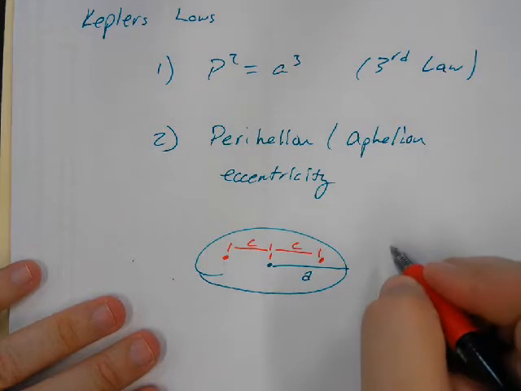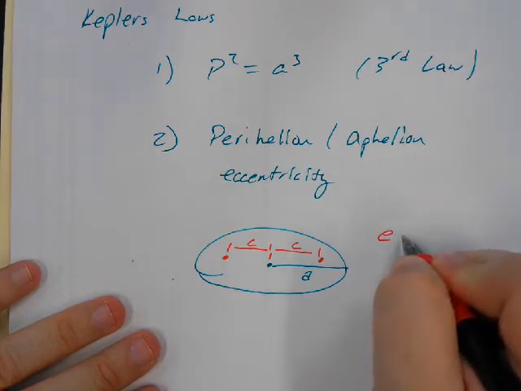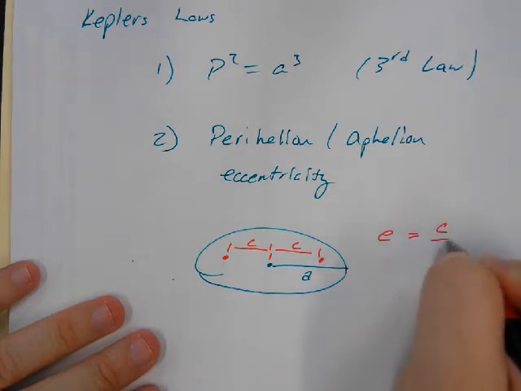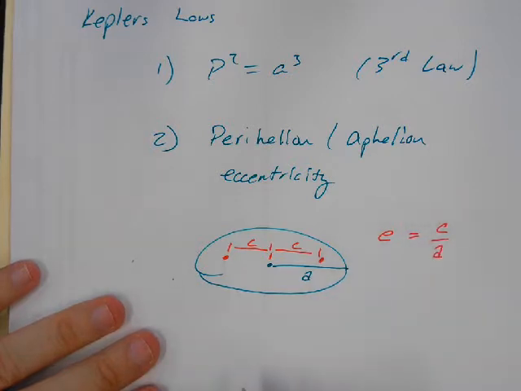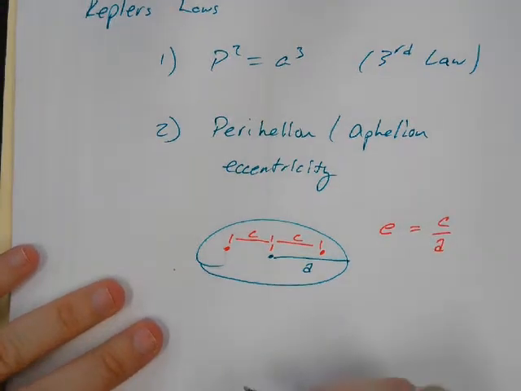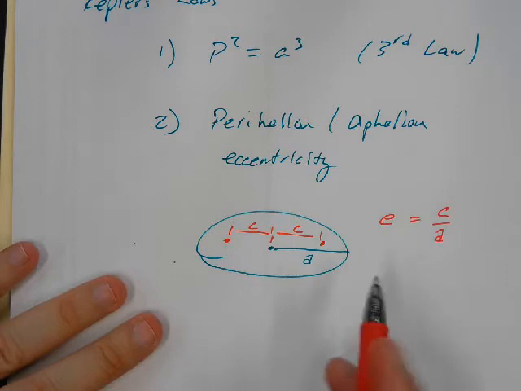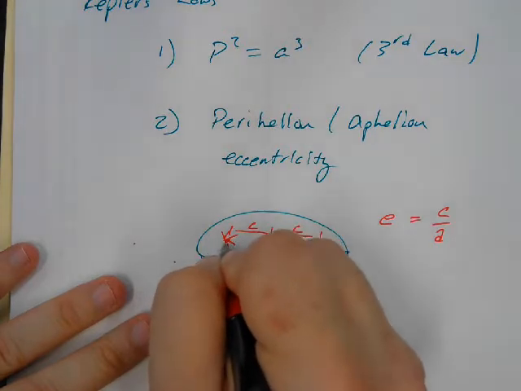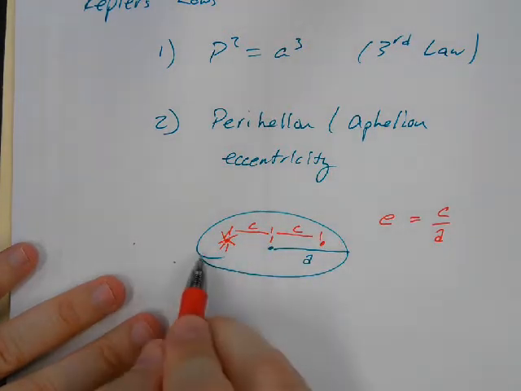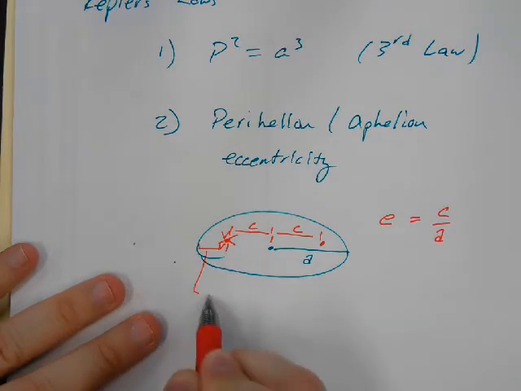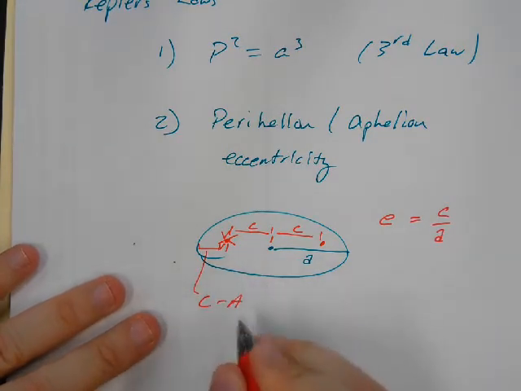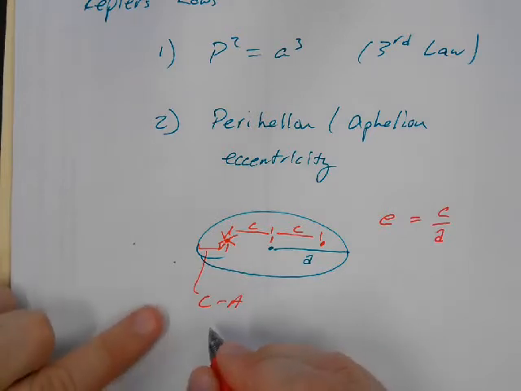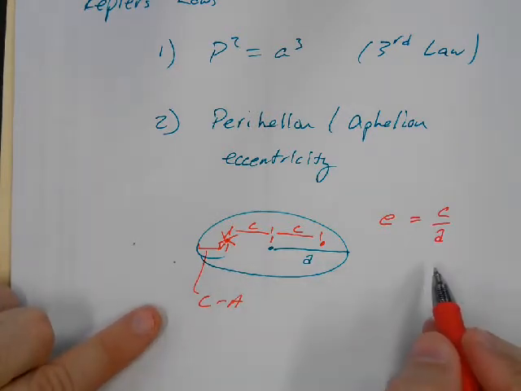So we can define the eccentricity as c over a. Now, if this is the sun over here on the right, then this distance here has to be c minus a. And we can write that in terms of eccentricity.